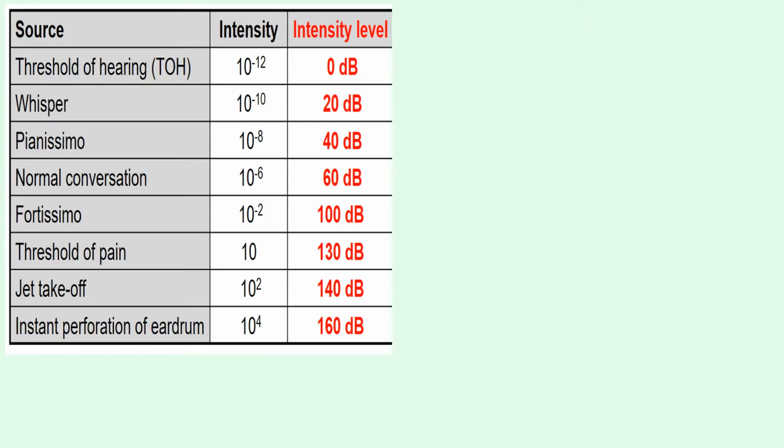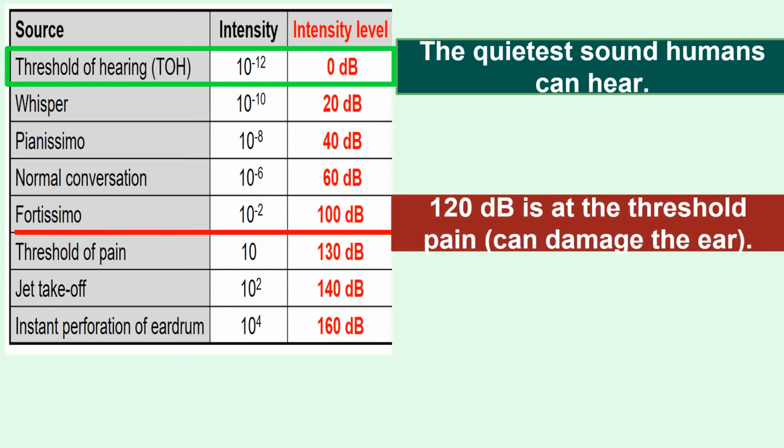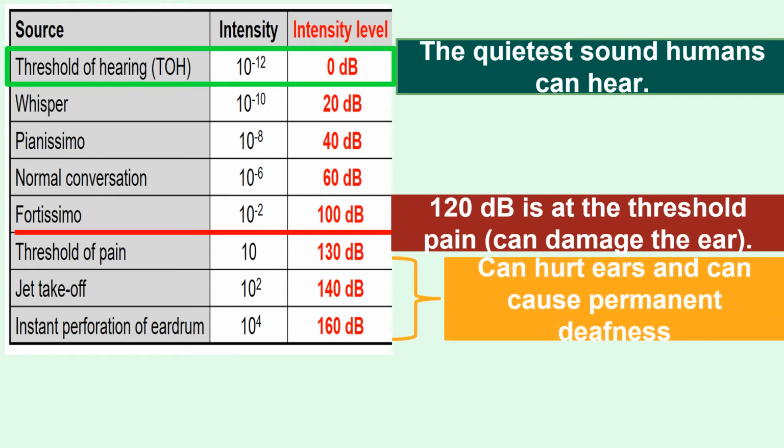This is a chart wherein we can see the intensity level of different common sounds. We can see 0 decibels, which is the quietest sound humans can hear. As it reaches 100 to 120 decibels, this is already the threshold wherein pain or damage in the ear can be acquired by a person.